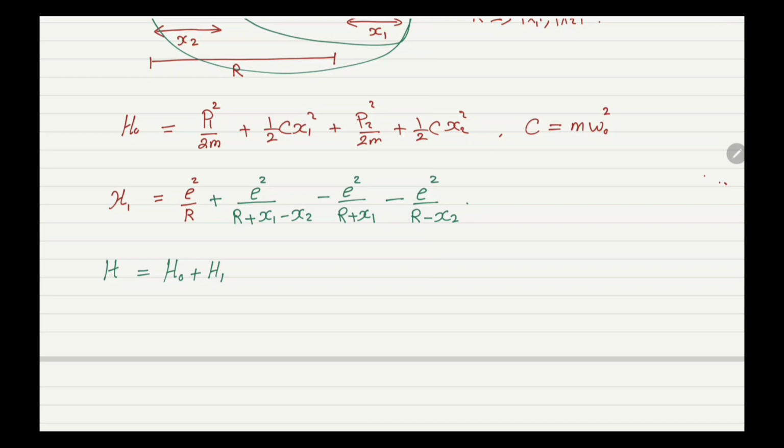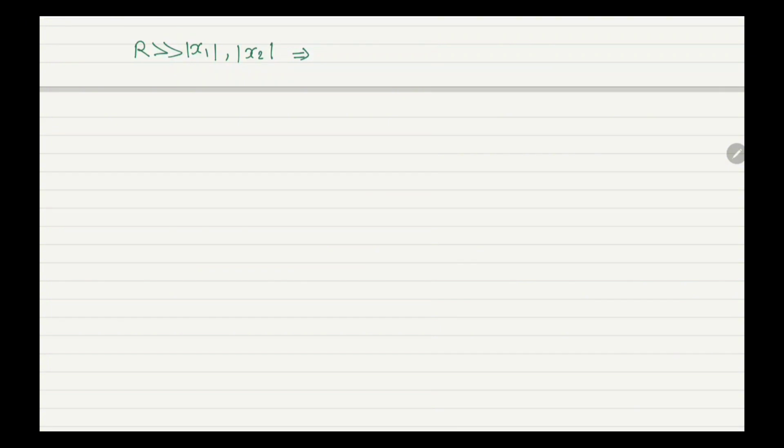Before going further, let's make an approximation. Since R is much greater than x1 and x2, let's expand the Coulomb interaction Hamiltonian and use the series 1 over (1 minus x) to the power p equal to 1 minus x plus x squared minus x cubed and so on.